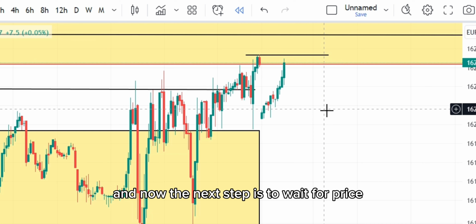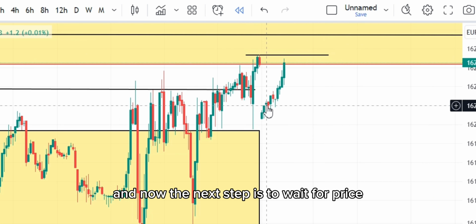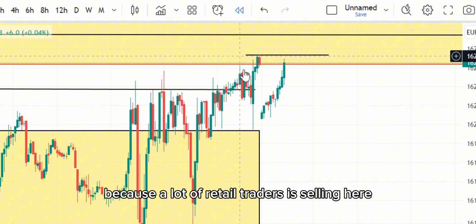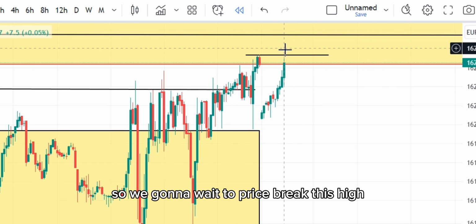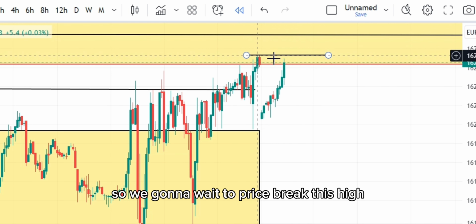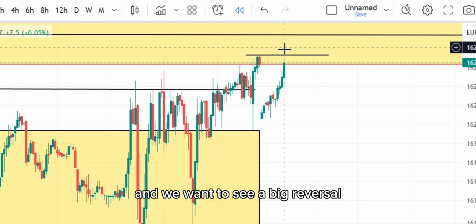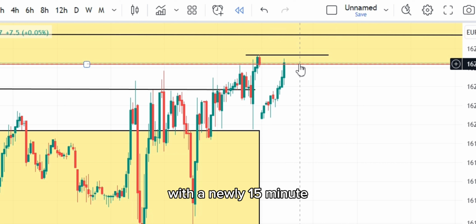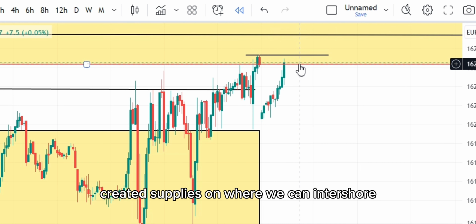And now the next step is to wait for price to take out this liquidity and stop losses, because a lot of retail traders are selling here. So we're gonna wait for price to break this high, and we wanna see a big reversal with a newly created 15-minute supply zone where we can enter short.